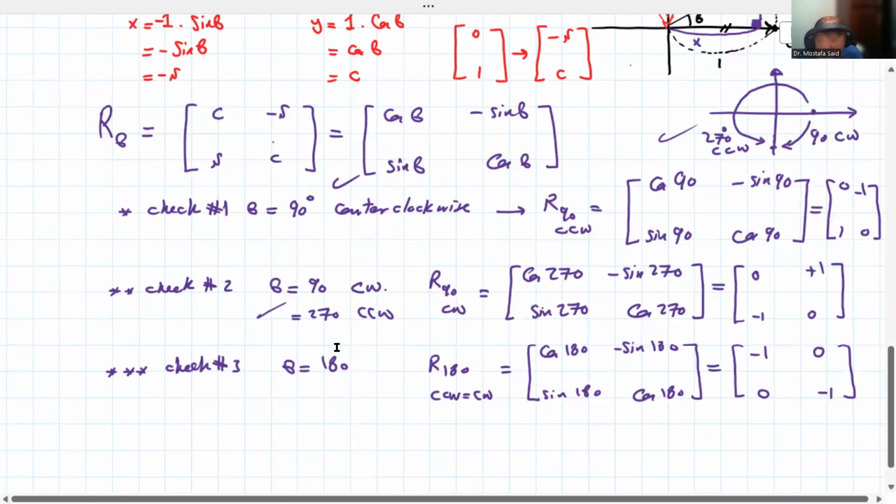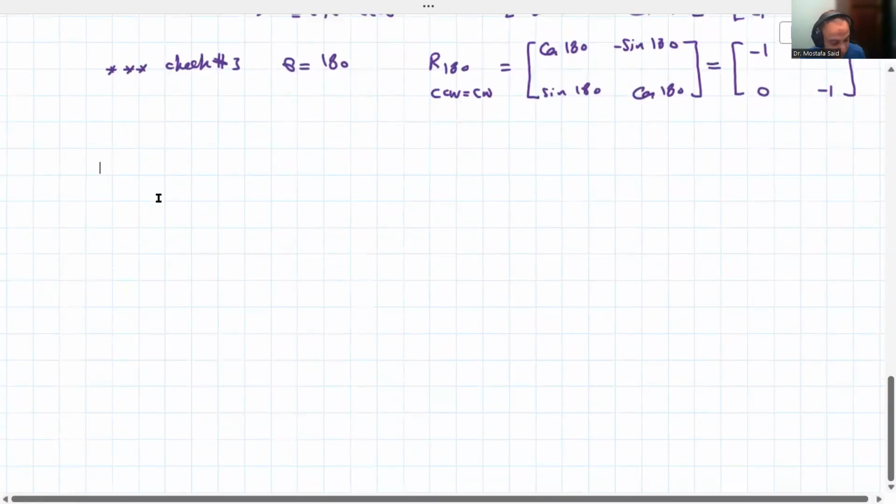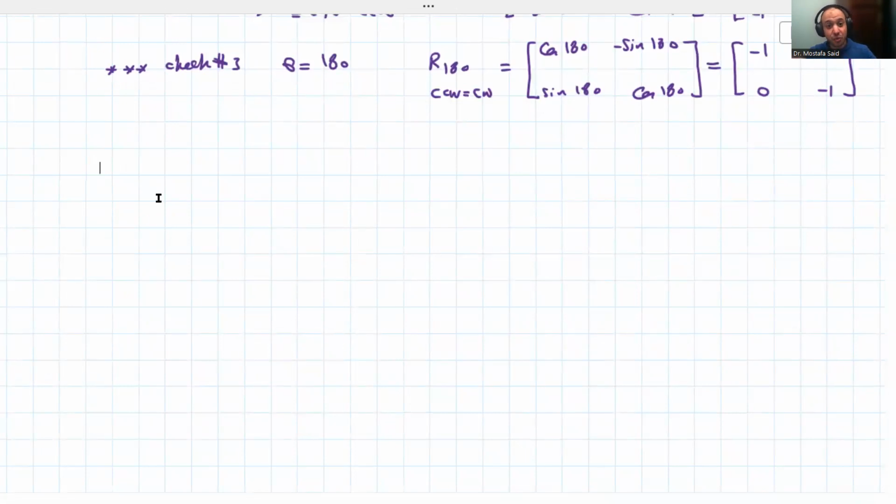Okay, that's it, guys. That's basically the general formula. Now, lastly, before I move on to the reflection in the next video, we want to do a special case: successive rotations, like two rotations with two different angles, theta and phi, whatever you call it.